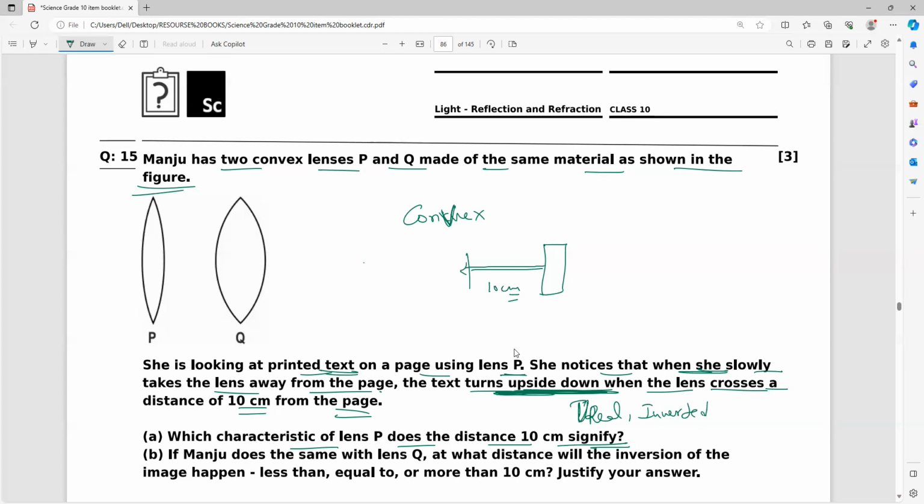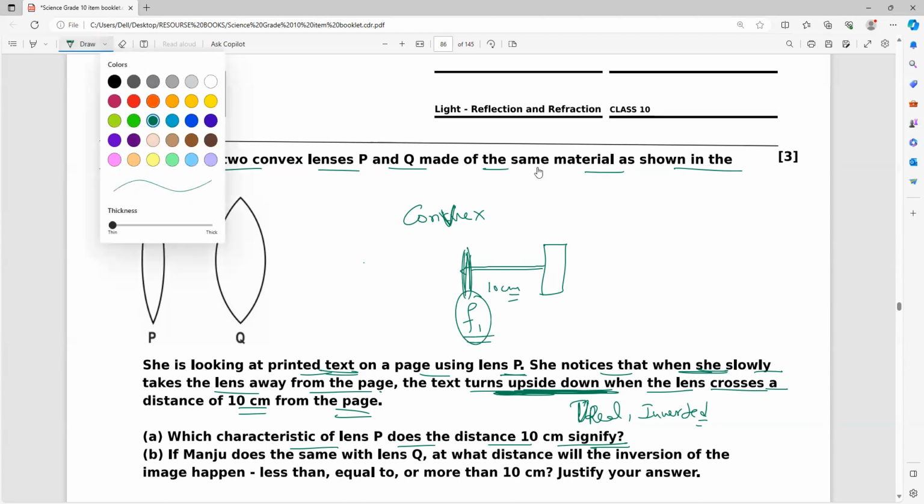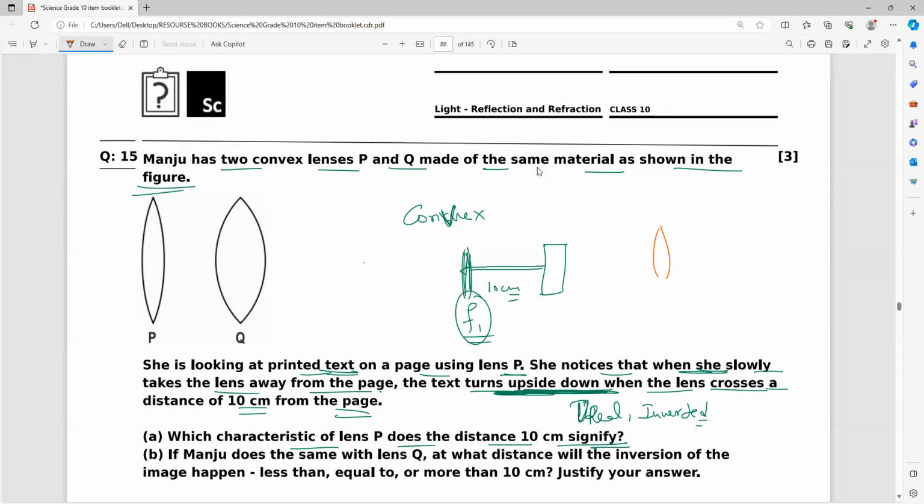So when the real and inverted image forms, the object has gone beyond what? More than 10 centimeters, the focal length. If you take the convex lens, with F1, 2F1, F2 and 2F2: when the object is between the optical center and the focal length, it forms a virtual, erect and magnified image.